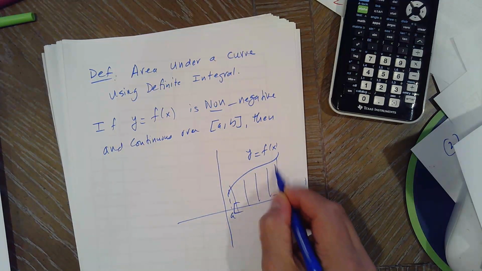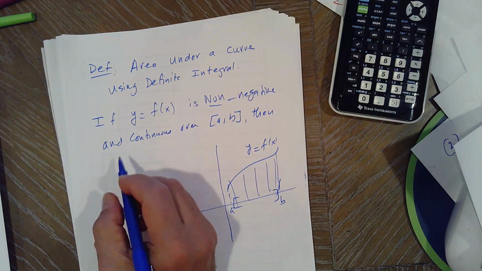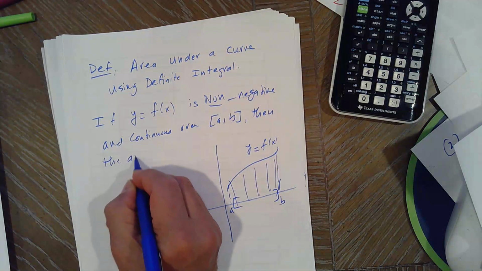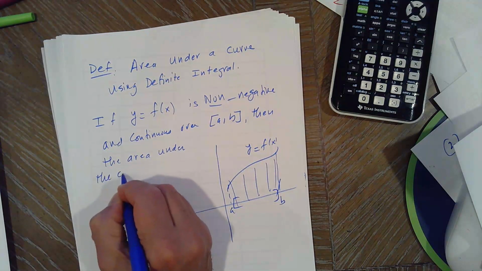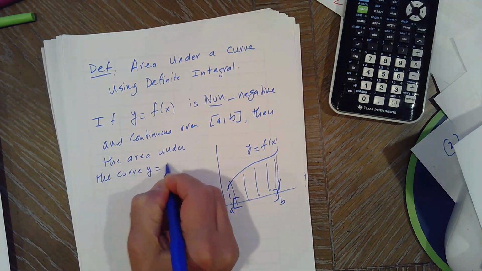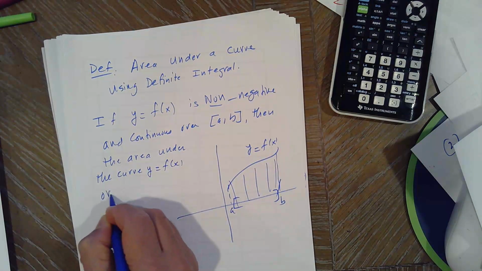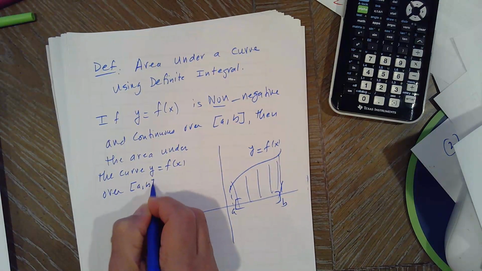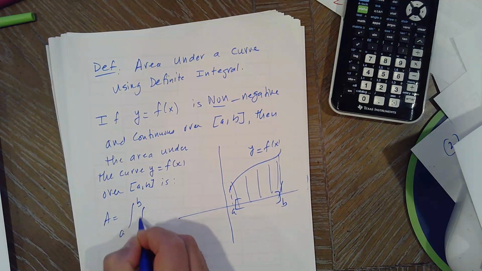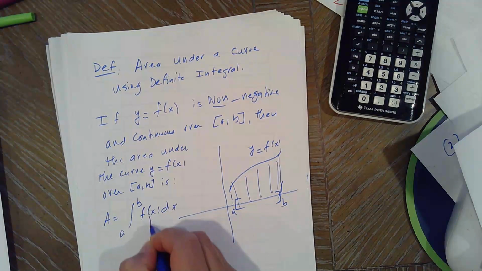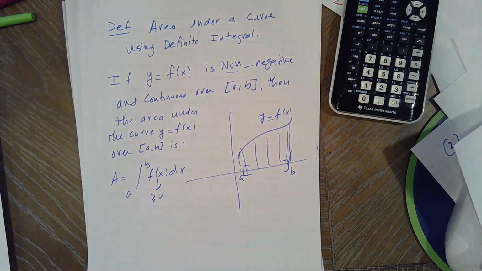If we want this area, then the area under the curve over the closed interval a, b is the definite integral. And remember, this has to be greater than or equal to 0 to get an area. Okay?